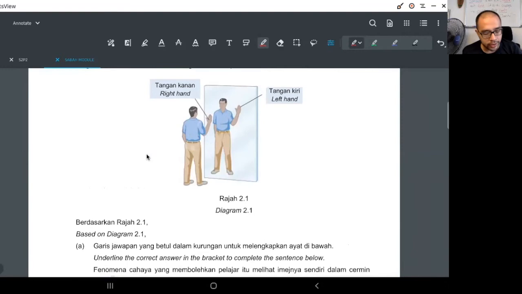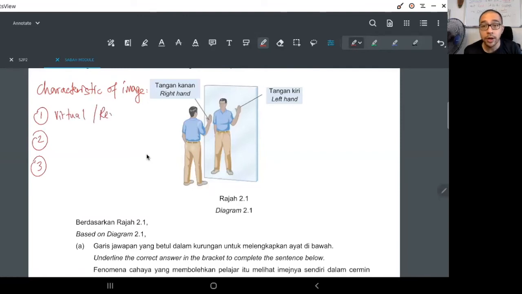Let's talk about characteristics. Characteristics of image, whether it is mirror or lens, we have the same standard three. Number 1: is it virtual or is it real? Secondly, is it upright or is it inverted? Inverted means upside down. Upright means the same direction as this one.